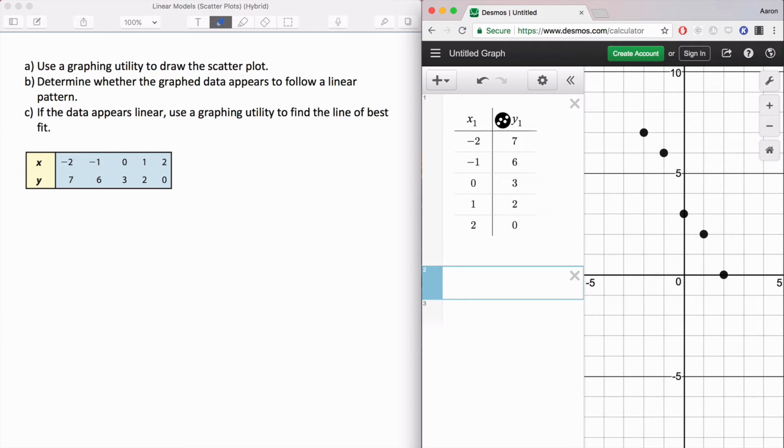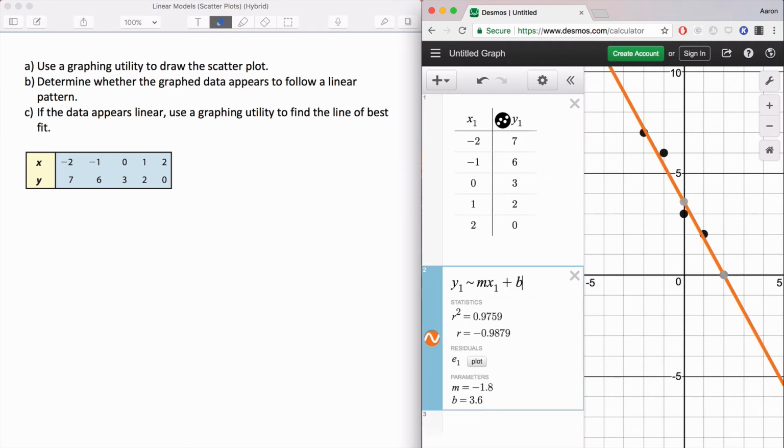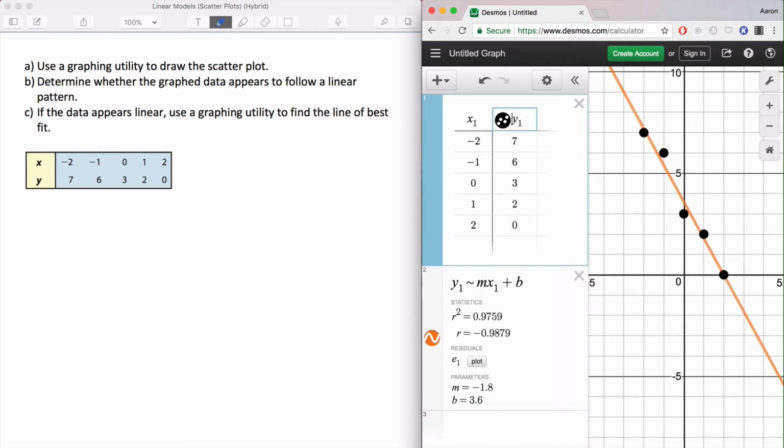This is the equation that you will always use when you're trying to calculate a line of best fit in Desmos. It's y sub 1 is about m times x sub 1 plus b. The reason why we're using y sub 1 and x sub 1 is because that's the information in our data set.